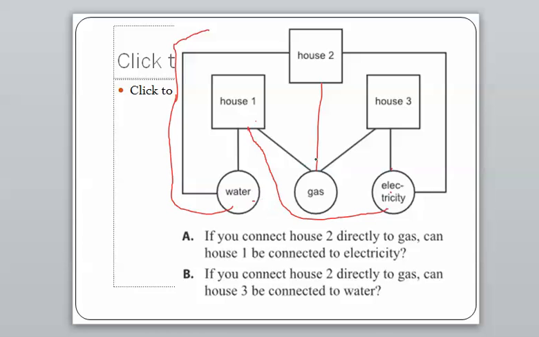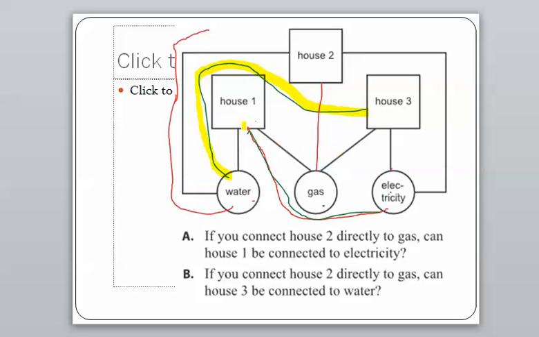One thing you might do is, yes, I might connect house 1 to the electricity this way, okay? And I might connect water this way, okay? And then take the gas line and go a different route for the gas line, see if we couldn't get to house 1, house 2 that way. Well, this way I'd still be crossing lines, wouldn't I? Let's try a different route. What if I did the water this way?